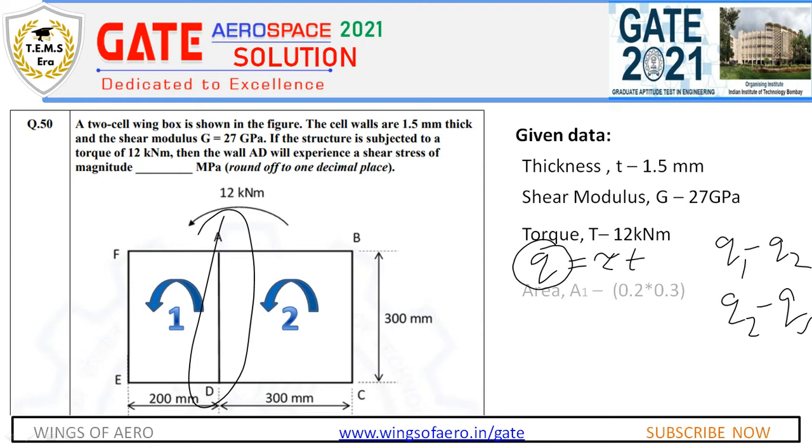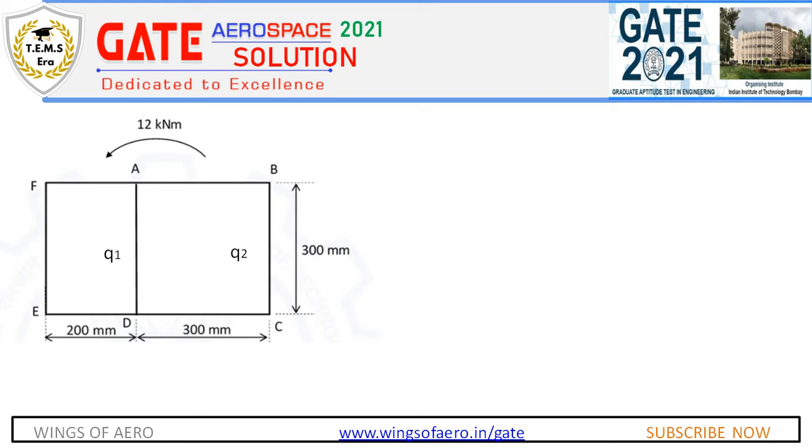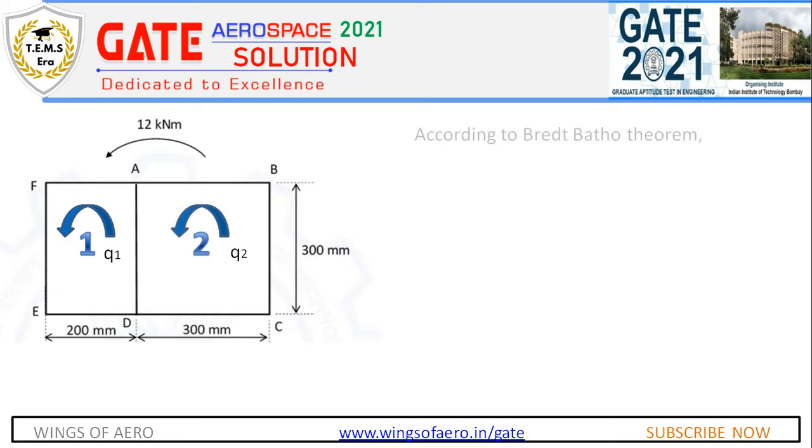Now let's find out the area of cell 1. The areas of cell 1 and cell 2 are shown over here, so we can easily find the cell 1 and cell 2 areas in terms of meter square. Now let's recall Bredt-Batho theory.